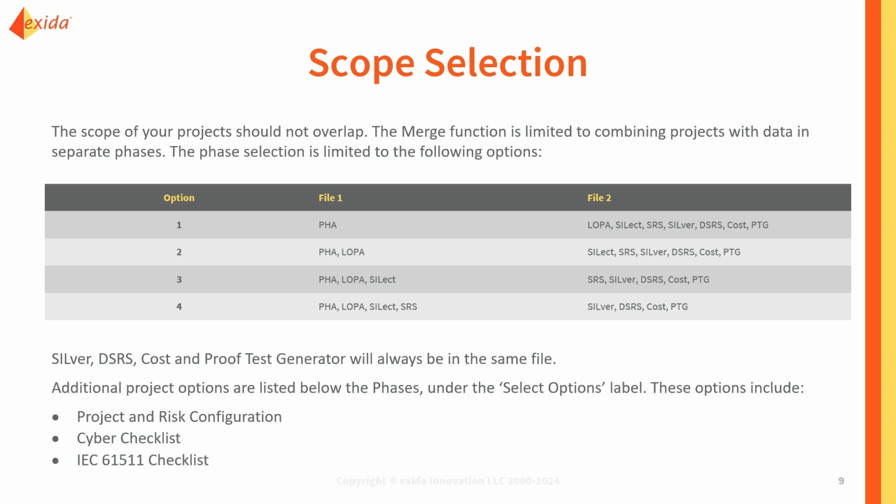The project and risk configuration depends on your scope. So if you have PHA and LOPA in one file, you most likely want to pull your project and risk configuration from that file. Remember that PHA, LOPA, and Select are heavily affected by the risk configuration. And so it could be risky to merge two files that have different risk configurations. That could, in fact, impact your entire analysis.